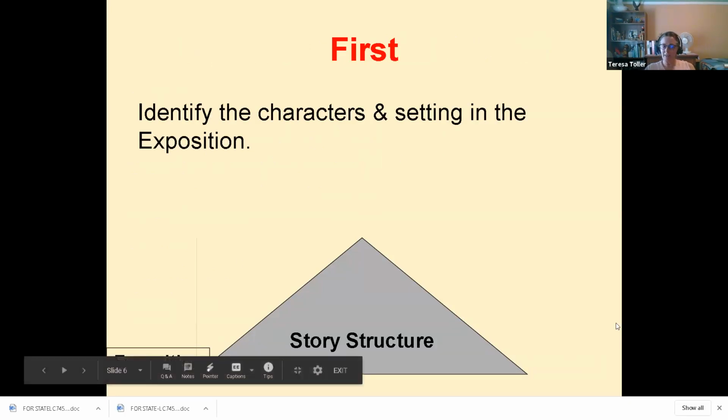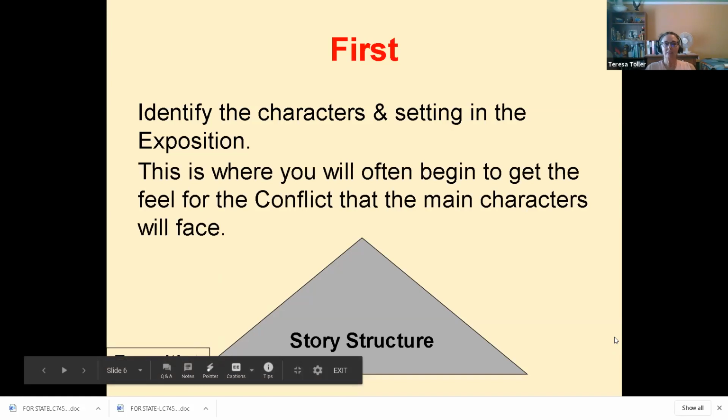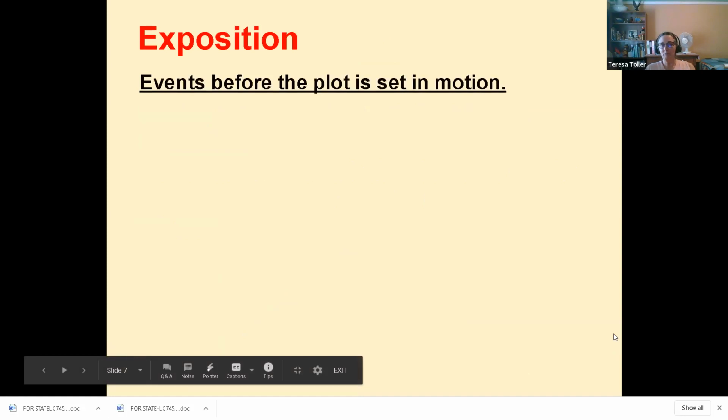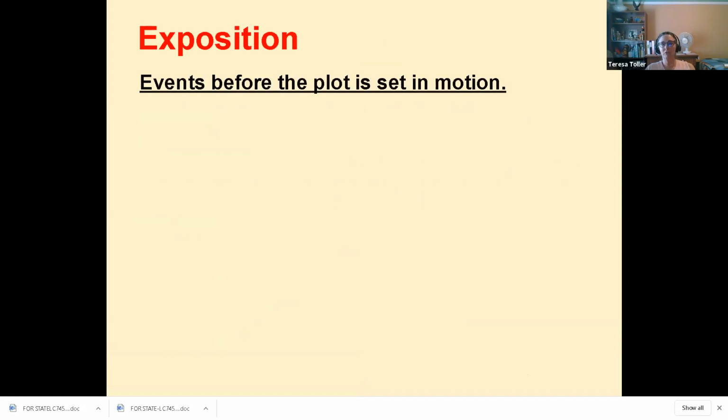I'm not sure why they use the word exposition. I normally would call it the introduction in the story. This is where you begin to get a feeling about the conflict that the characters will be facing. This is before the plot is even set in motion. This is just setting the scene.